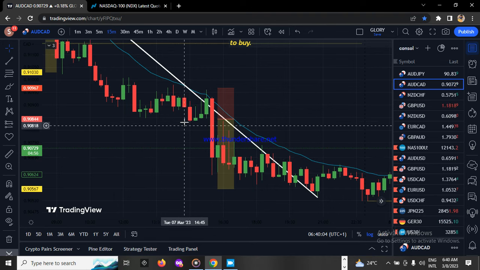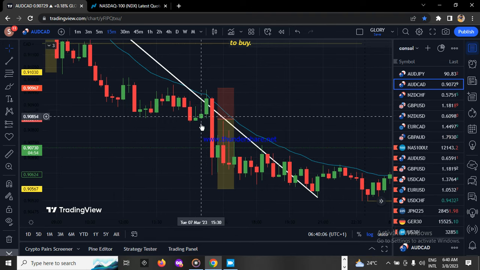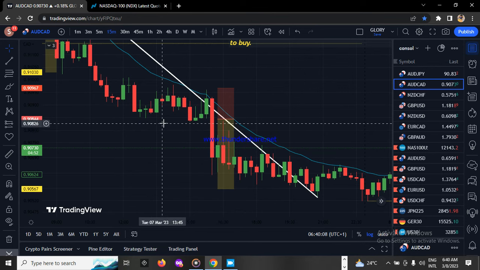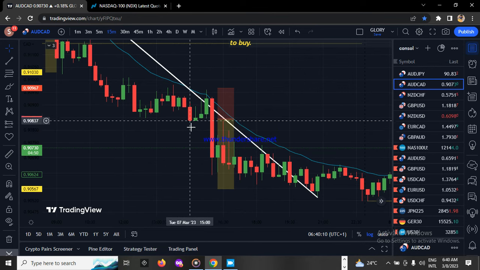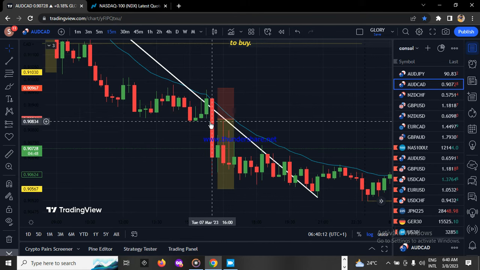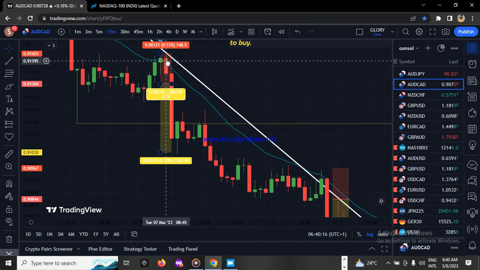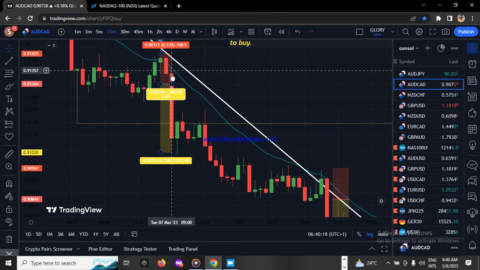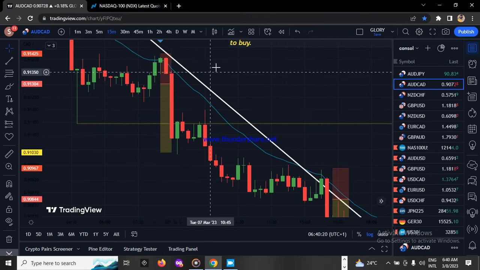So whenever you see this trap, it's very easy for the market to move your direction 2-to-1, because you can see the aggressive move that happened here just after the trap. The same thing applicable here, the aggressive move that happened just after the trap.